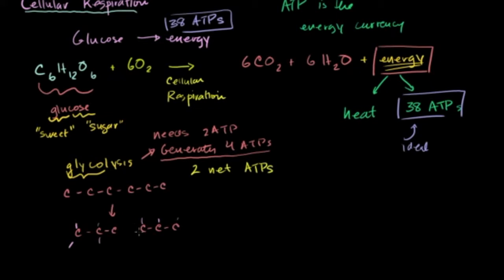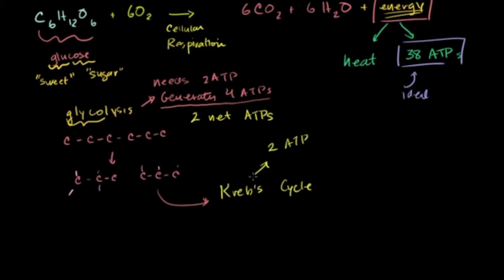Then these byproducts get re-engineered a little bit, and then they enter what's called the Krebs cycle, which generates another 2 ATP. And then, and this is the interesting point, there's another process that you can say happens after the Krebs cycle, but we're in a cell and everything is bumping into everything all of the time.